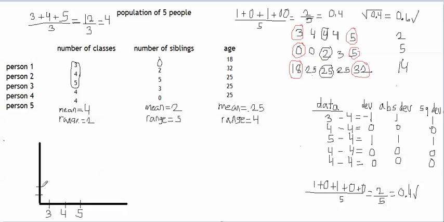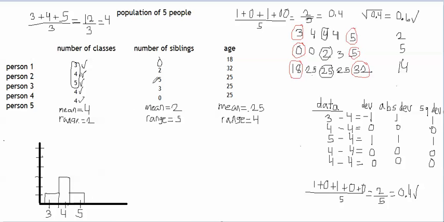We have tick marks on the y-axis, and we count the number of threes in our column of data right here. We have 1 three, so the bar goes up to 1. We have 3 fours, so this bar goes up to 3. And how many 5s? We have 1 five, so this bar goes up to 1.